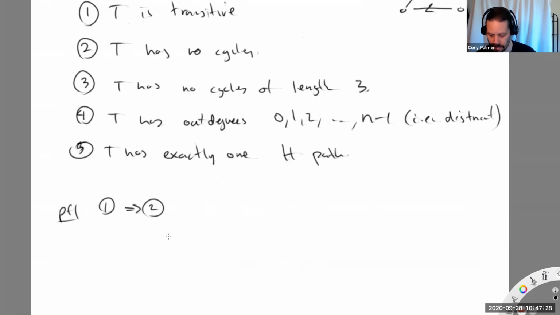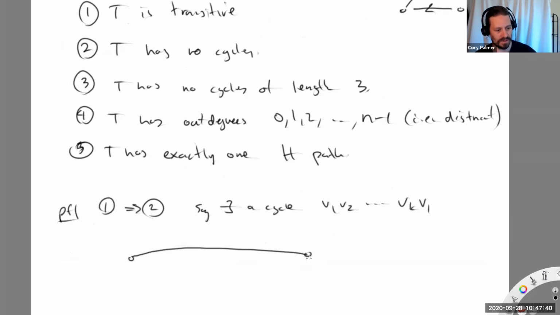Say there exists a cycle, v1, v2, up to vk, and then v1 again. Here's my cycle. I'm going to draw it like this, with all the edges directed this way, and one going back. There's my cycle.